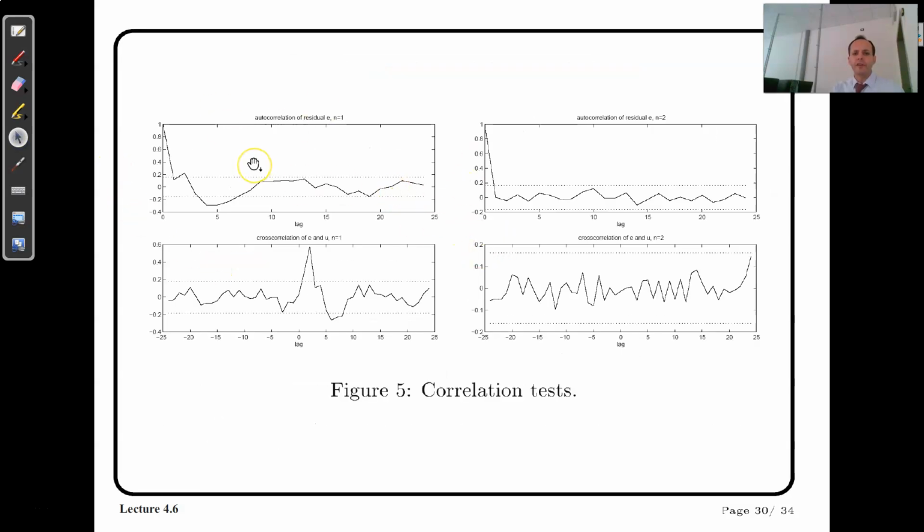And of course, you can check here, for example, if you notice that the order is 1, you have an autocorrelation of the residual that is saying that the residual is not white. So I put here a note: not white.